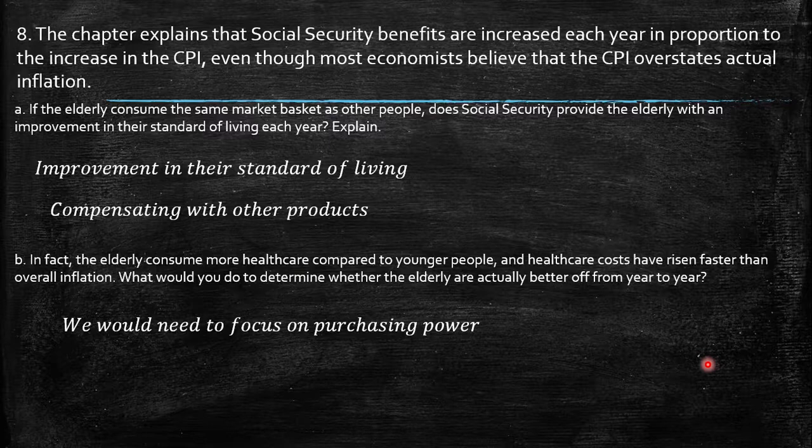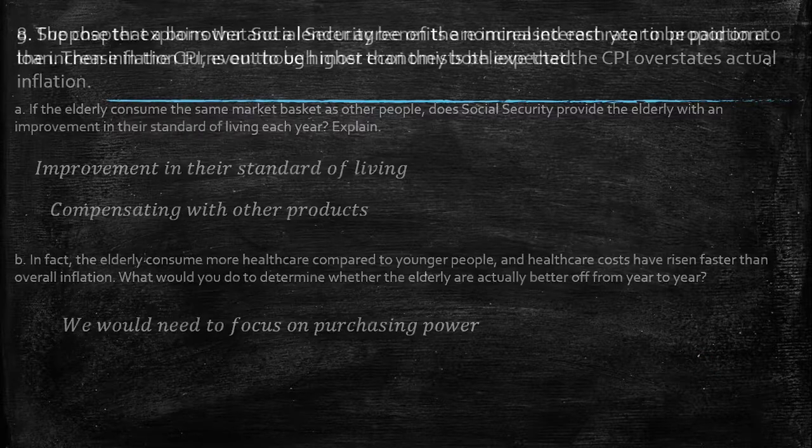Maybe with other products they are compensating and giving priority to these kinds of products even if the price is increasing. So maybe we're talking about elasticity, so they are more inelastic to changes in prices. So even if the prices have increased, they continue to consume these kinds of goods.